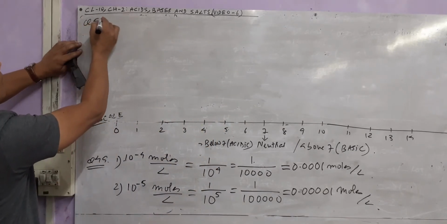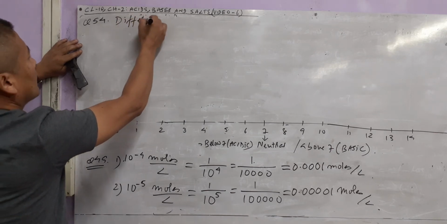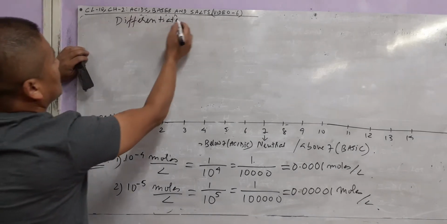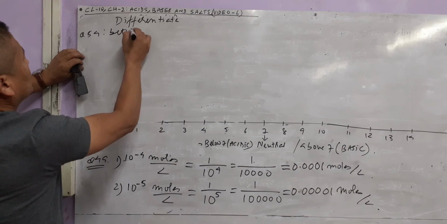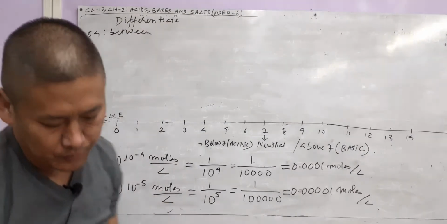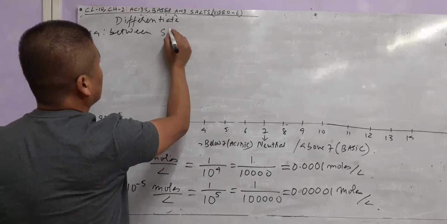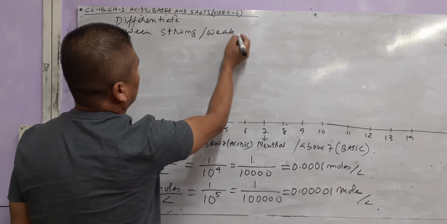So question number 54 says differentiate between strong and weak acids.